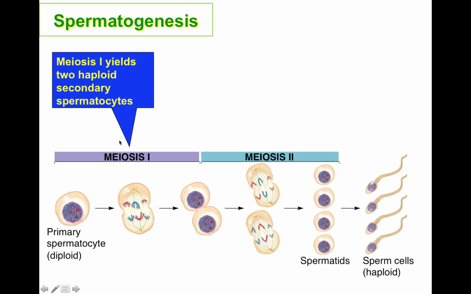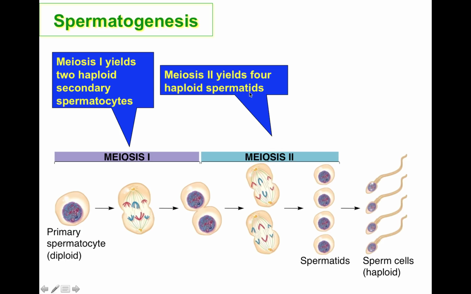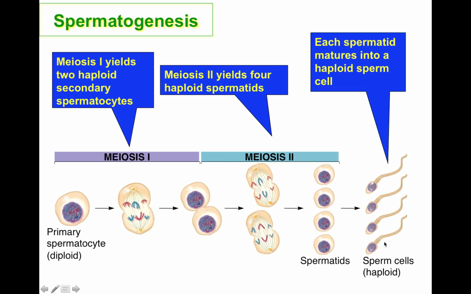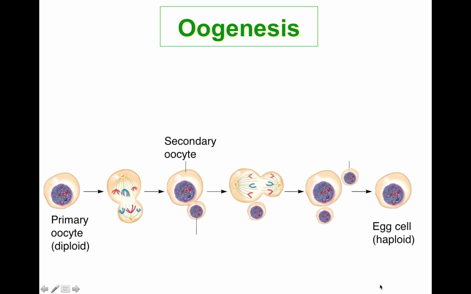In meiosis I, you'll end up with 2 haploid secondary spermatocytes. After meiosis II, you end up with 4 haploid spermatids. And then differentiation produces the mature sperm.